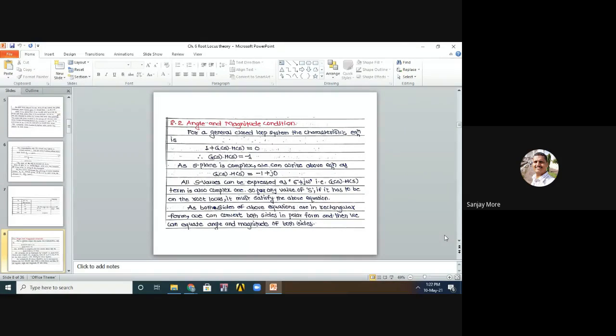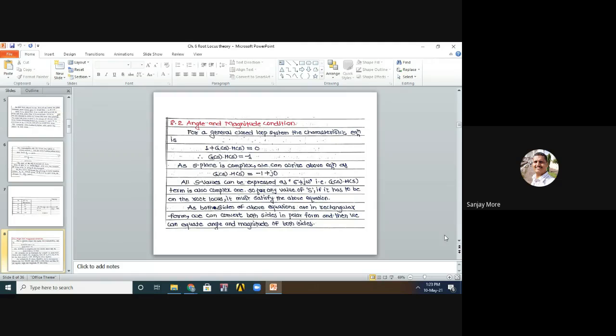As the S plane is complex, we write the above equation as G(s)H(s) equal to minus 1 plus j0. The s value can be expressed as sigma plus j omega, so the G(s)H(s) term is also complex. For any value of s to be on the root locus, it must satisfy the above equation.